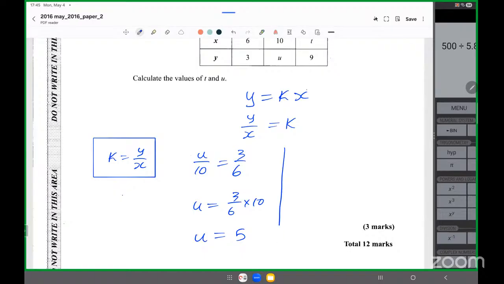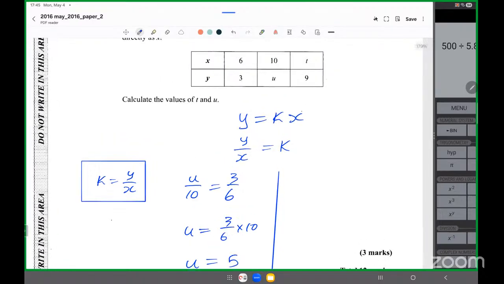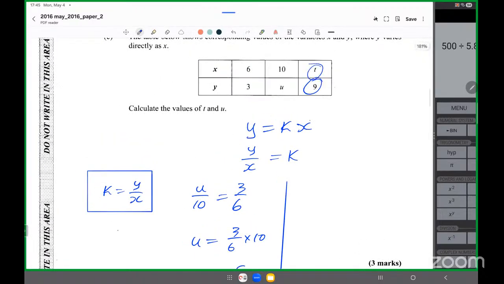And then the other pair, this y over this x, is equal to the same 3 over 6. So you can say 9 over t, that y over that x, is equal to 3 over 6 again. I know you're trying to find the t. You must realize that's a half, right? So in order for this to be a half, this has to be 18, doesn't it?